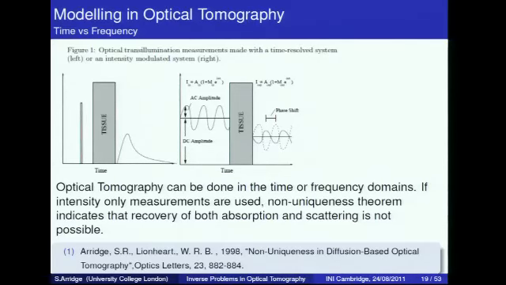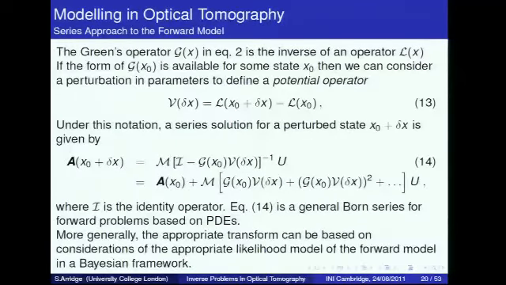So it's impossible to disentangle the absorption and scattering uniquely unless we have access to either this time or frequency measurement. If you don't have that, you can only recover effectively the product of absorption and scattering, almost with some modification.